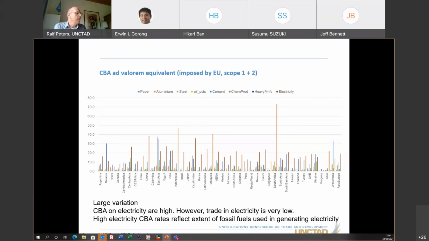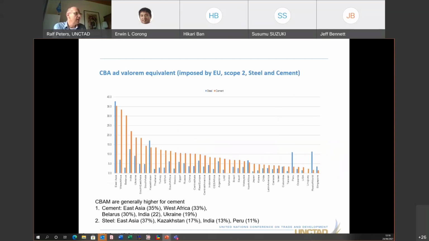This may be too small, but what it shows is that there is quite a high variation in these AVEs. They are highest on electricity, reflecting how electricity is produced. And it also varies a lot by country, which maybe we can see better on the next slide, where we only show the AVEs for steel and cement.